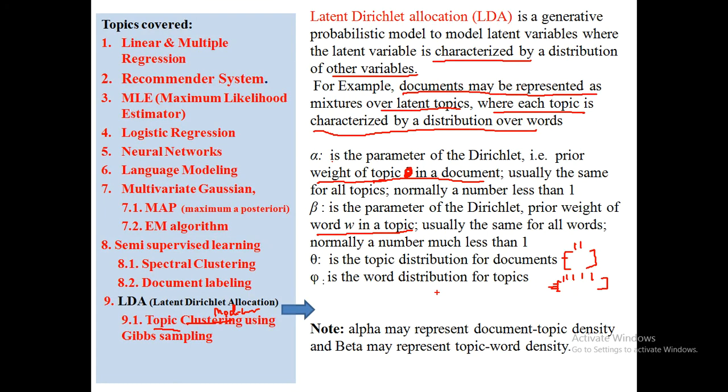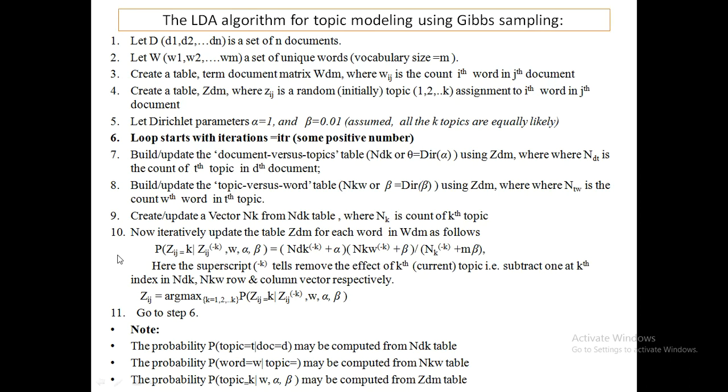Now let us see one simple algorithm for how to model the topics using Gibbs sampling. So let we have a set of documents, n documents, D, and a set of unique words, that is the vocabulary, and the size of the vocabulary is M. Create a term document matrix WDM, where Wij is the count of ith word in jth document.